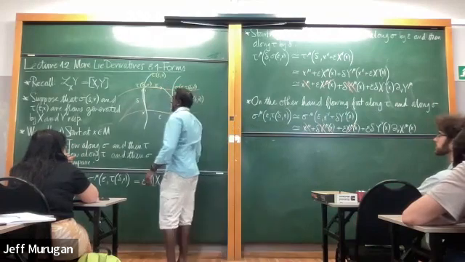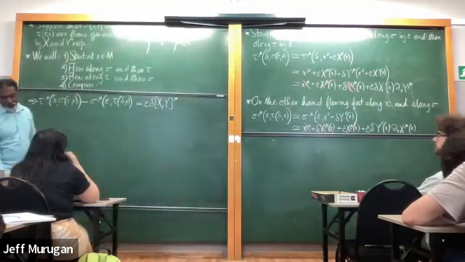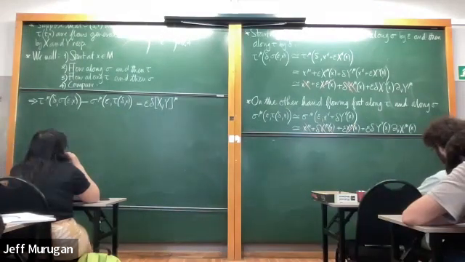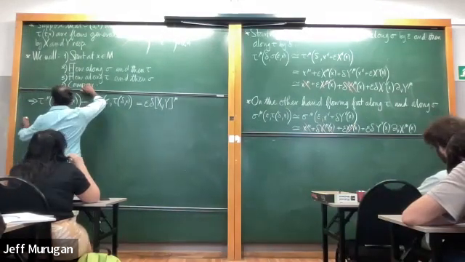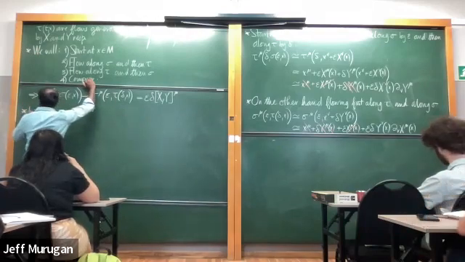Okay. So that's a very nice interpretation of what the Lie bracket is doing.